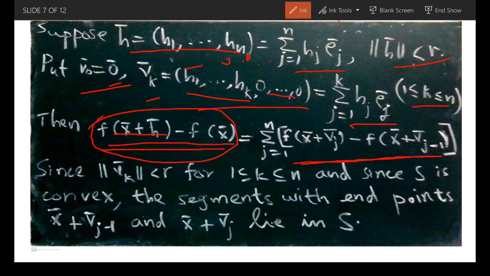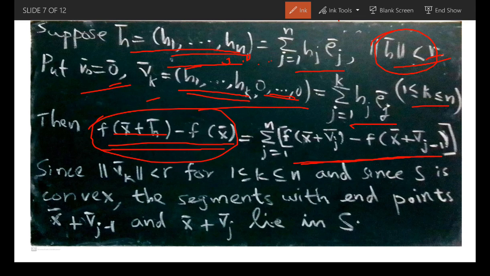Okay. Now I have started with an h with norm h less than r. That means square root of modulus of h1 square plus etc. plus modulus of hn square, that itself is less than r. But Vk consists of only first k terms, remaining all are equal to zeros.